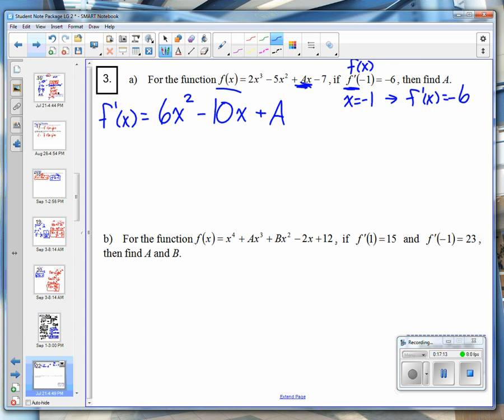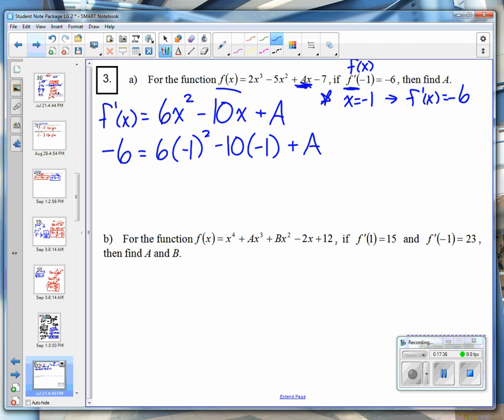Now that we've got this, we have to go over to our little puzzle over here and remember that when x is equal to negative 1, our derivative is equal to negative 6. So that must mean negative 6 is equal to 6 times negative 1 squared minus 10 times negative 1 plus a.